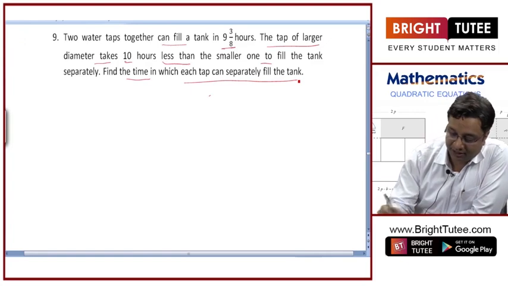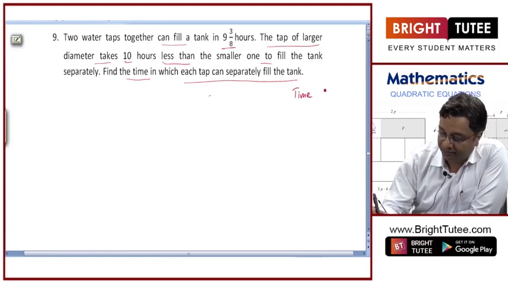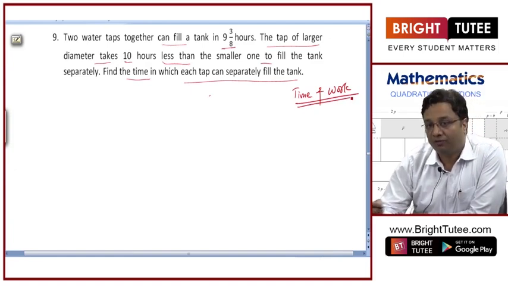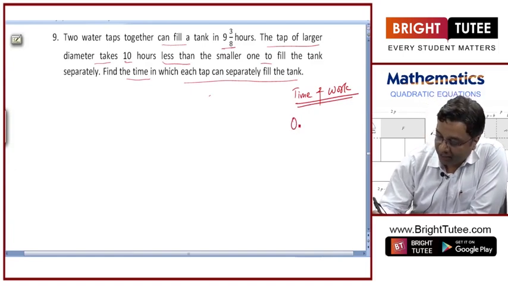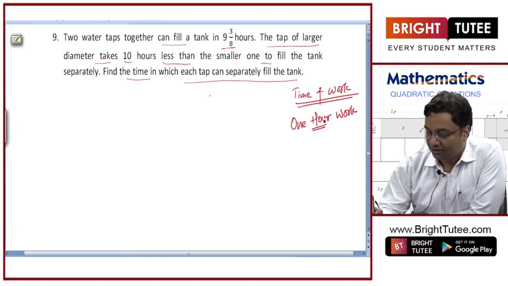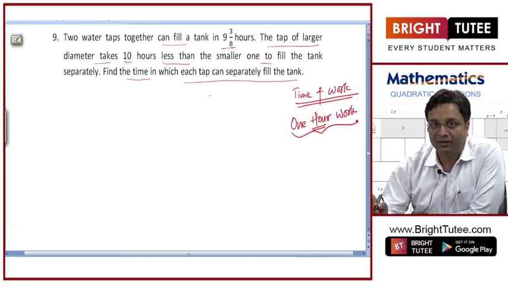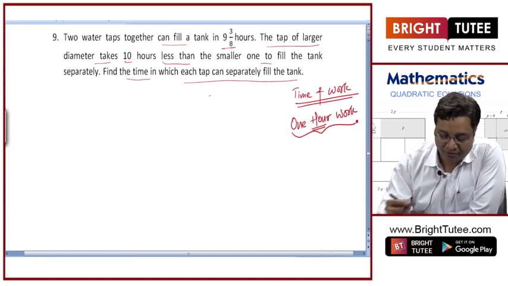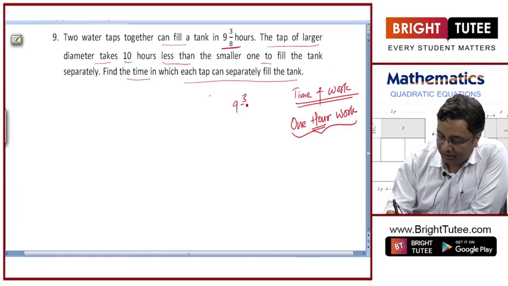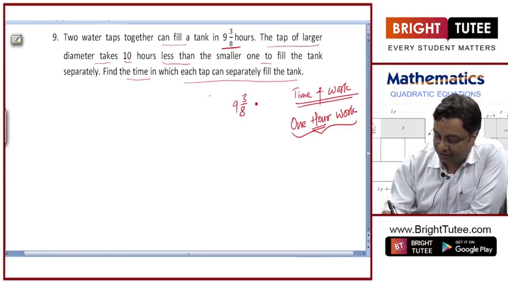In such time and work related questions, where the unit of time is given as hours, always go about the 1 hour work. So you calculate the 1 hour work, then the question will become very simple. For example, two taps together can fill in 9 3/8 hours, so this makes it 75 by 8 hours.